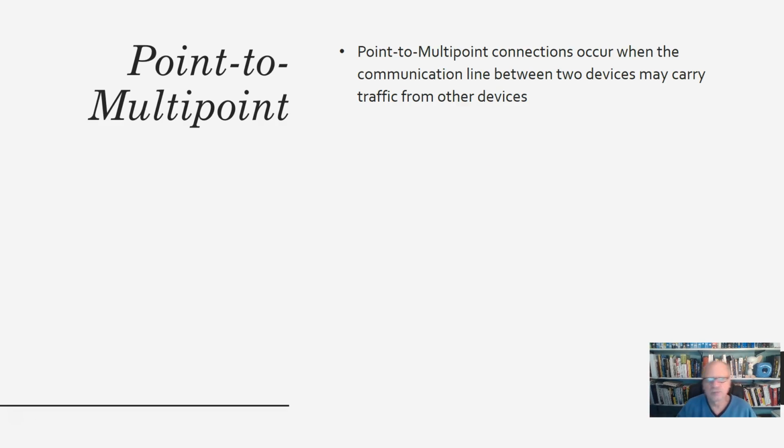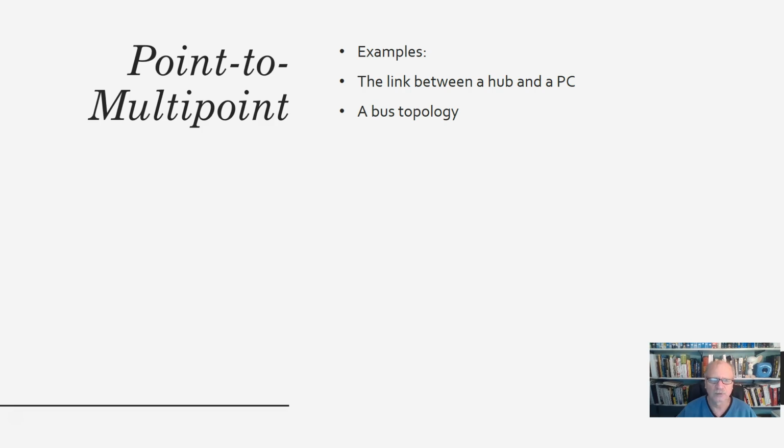A point-to-multipoint connection, though, means that other devices are able to see some of the traffic. Something about that line is shared between them in such a way that other devices can see that traffic, or that it can see other devices' traffic, I should say. So, for example, the link between a hub and a PC. In the case of a hub, remember that, again, this is sort of that star topology, but when any one device speaks, all devices hear it.